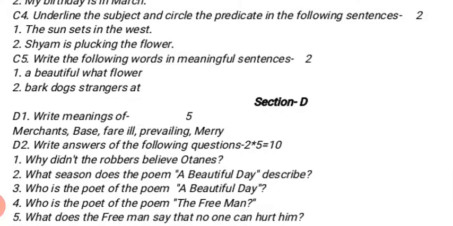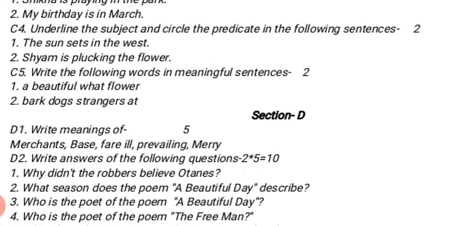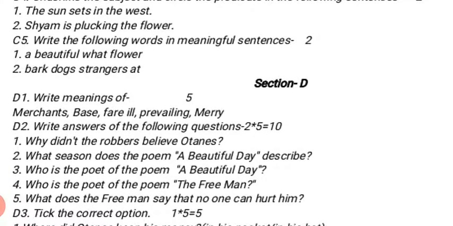The sun sets in the west. The sun is the subject, sets in the west is the predicate. You will underline the sun and circle the predicate.